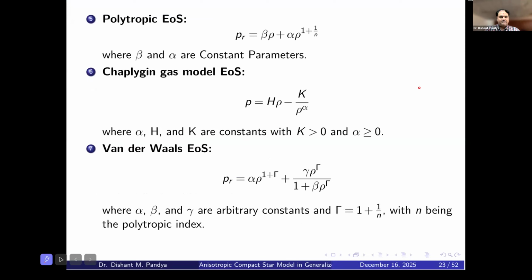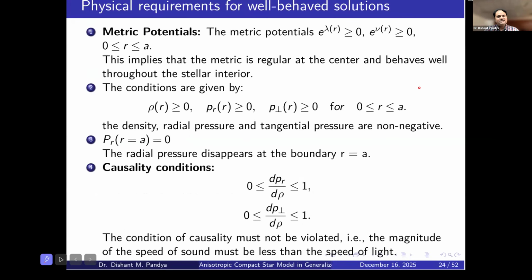We can have many varieties of metrics which can be thought of as an internal metric, providing an interior metric and matching with a suitable exterior metric. So we need those interior metrics along with the assumption of such an equation of state.